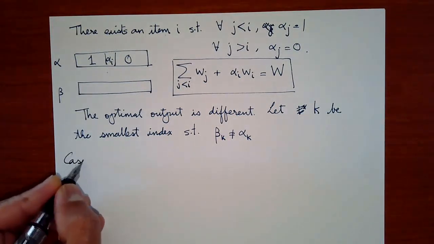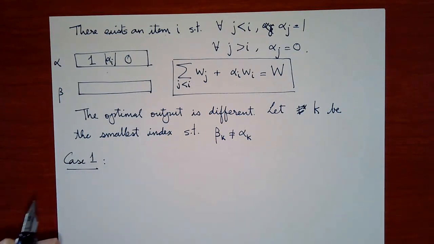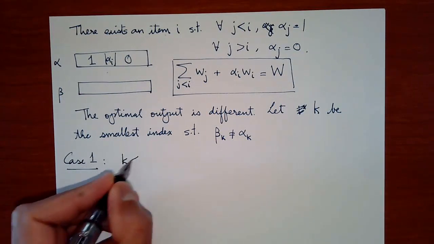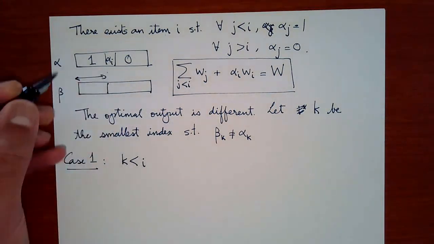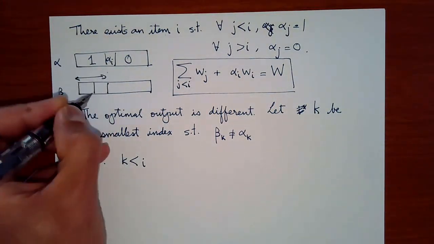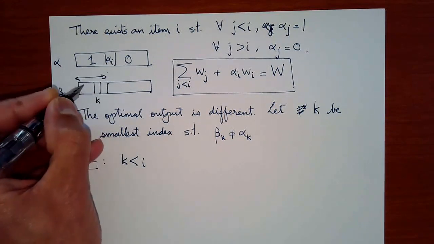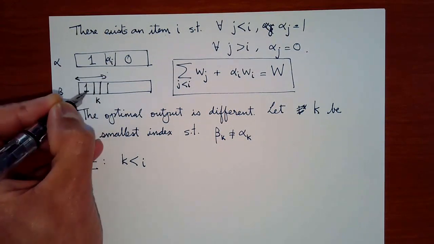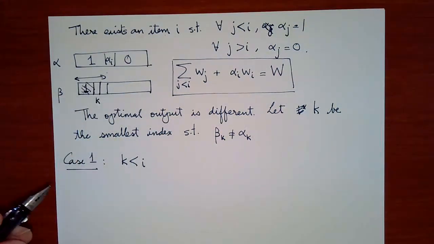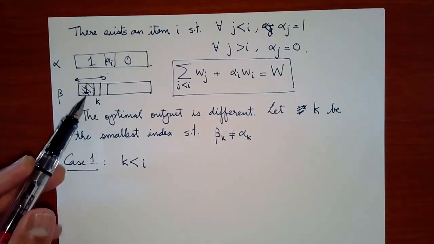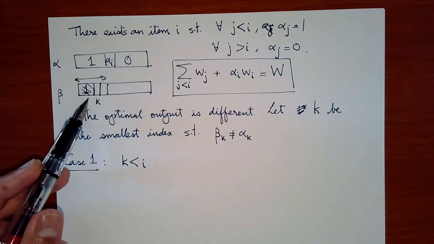So we'll say case 1: K is strictly smaller than I. So K is somewhere over here. All of these must be 1. Why are all of these 1? Why is everything less than that 1?